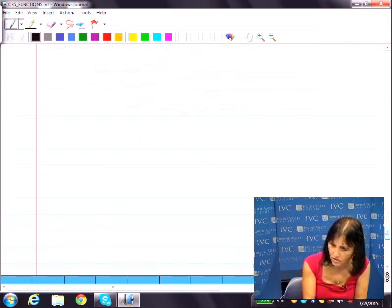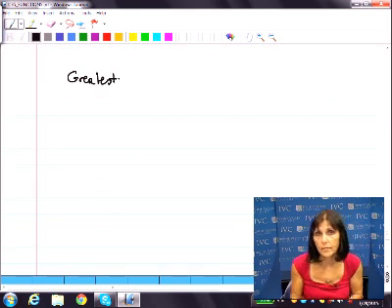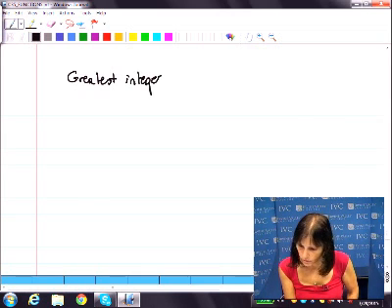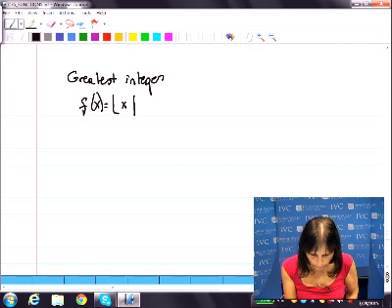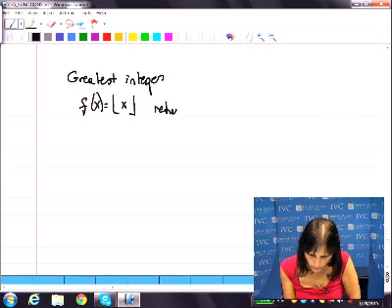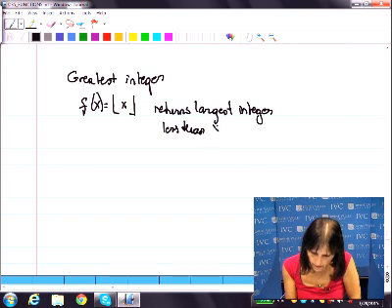Okay, there's one more that I want to cover. That's the greatest integer function. And this is how you show it. F of x, this funky looking bracket, okay? It returns the largest integer less than x.